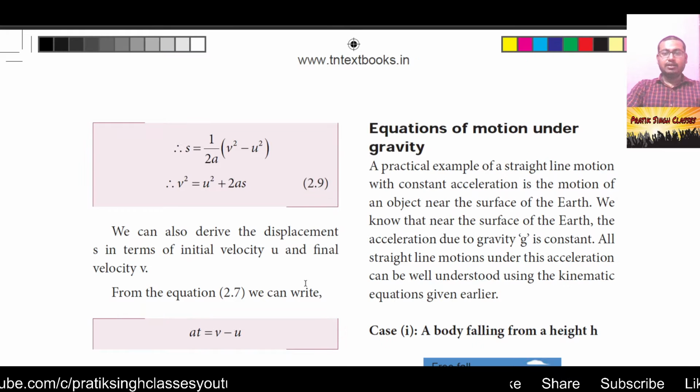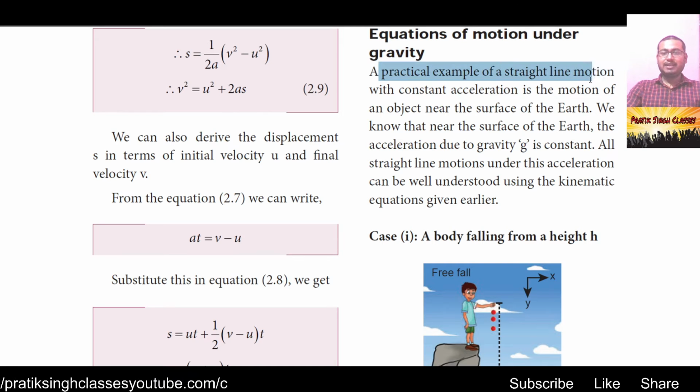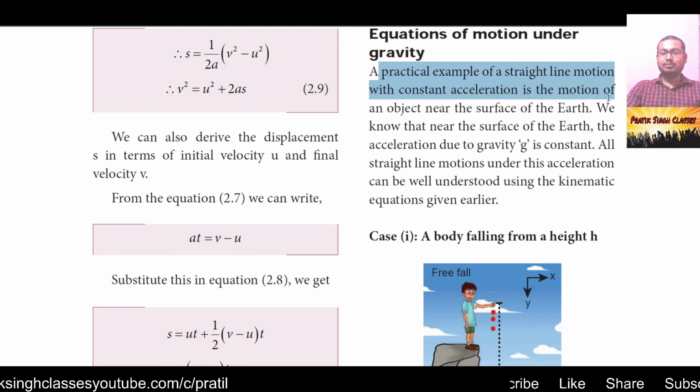Now, equations of motion under gravity, how does it happen? Suppose we just drop any object from our hand downwards, then the motion of the object is called motion under gravity. A practical example of a straight line motion with constant acceleration is the motion of an object near the surface of earth.